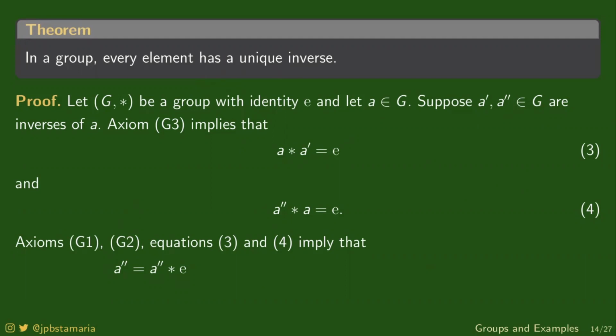Right. Using the fact that E is the identity, A double prime can be expressed as A double prime times E. Correct? Now, I am going to use equation 3. So, I could replace E by A times A prime. Papalitan ko si E ng A times A prime. You see? Okay? Nakakasunod?